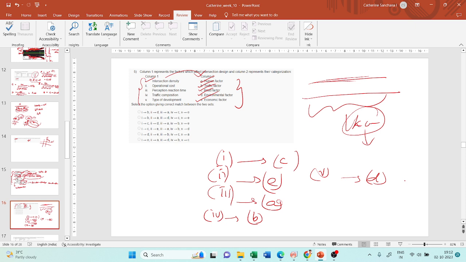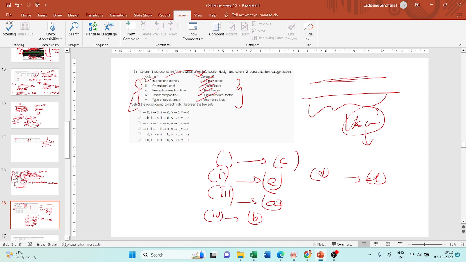Apart from these, on the left hand side, there are many other criteria, or many other points that come under each factor. Let us say for human factor, apart from this perception reaction time, you can have driving habits of drivers, ability to make decisions, pedestrian use, and all that.